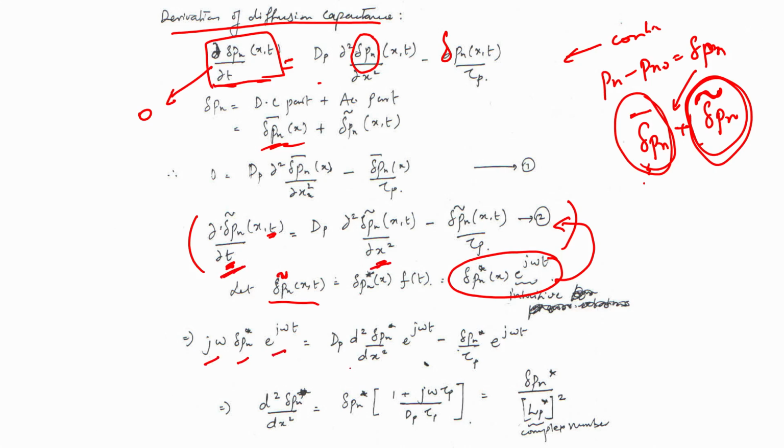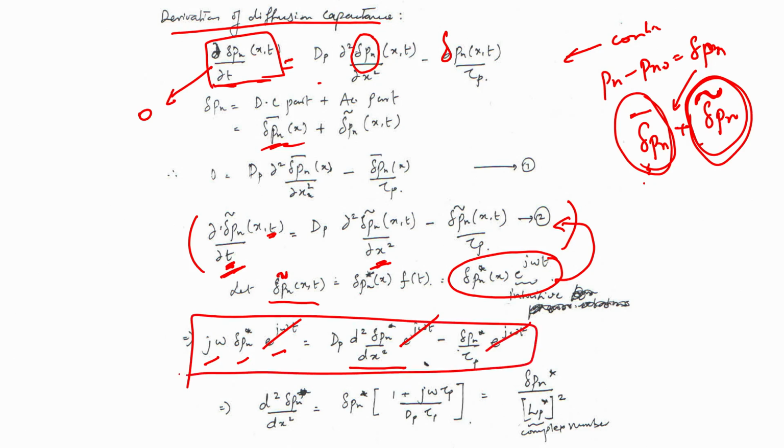This term here will give you this component, that's delta Pn star there. And this component is simply a direct substitution here, and you find that all the e to the power j omega t terms conveniently cancel away, and you will end up with this expression, which is neatly written out over here.